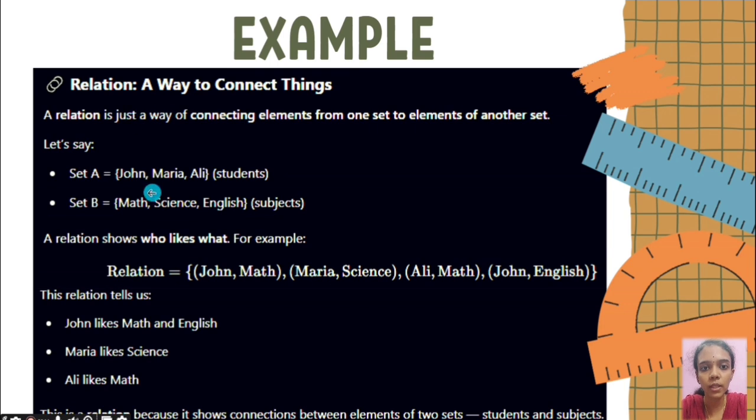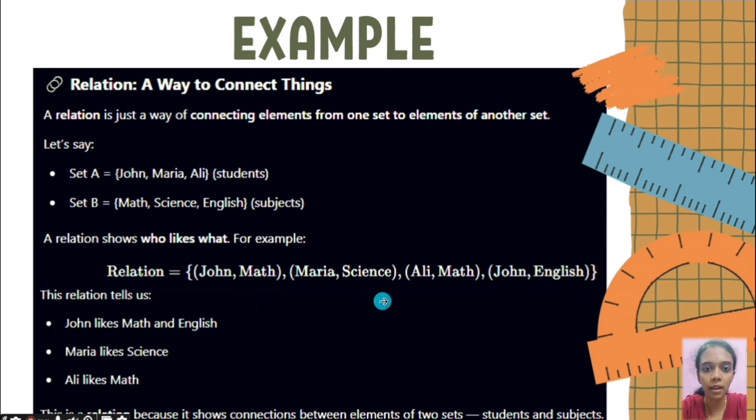Let's understand relations with another simple and interesting example. Imagine we have two sets. Set A with students John, Maria and Ali. Set B with subjects Math, Science and English. A relation connects elements from these two sets, showing who likes which subject. Here the relation is a set of ordered pairs: John, Math, Maria, Science, Ali, Math, and John, English.